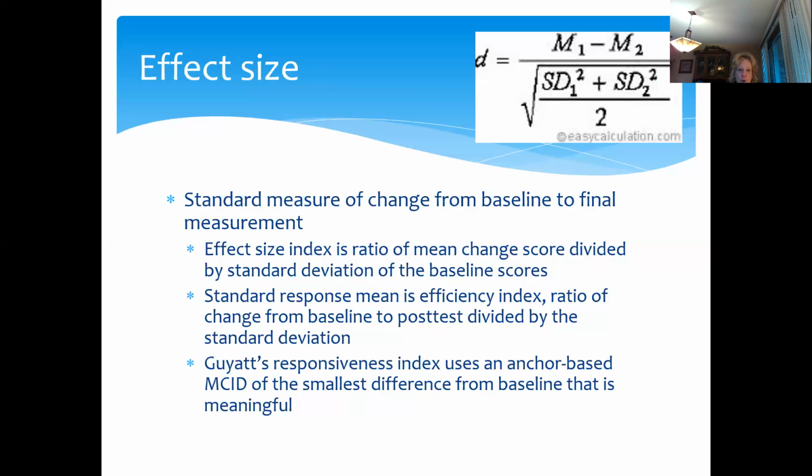And it's a ratio of the change from baseline to post-test divided by the standard deviation. The third is referred to as Guyatt's responsiveness index, and it uses an anchor-based minimal clinically important difference, which we abbreviate as MCID, of the smallest difference from baseline that is meaningful.